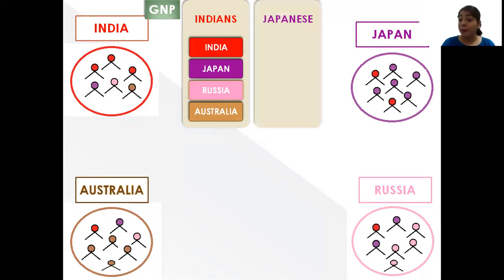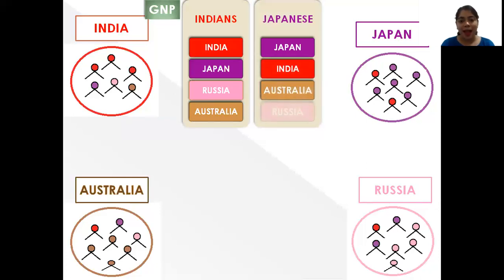Next, we talk about the Japanese. Japanese are working and they are contributing within their home country. Japanese are also working in India, in Australia, and in Russia. So to calculate the GNP, we have to add all these contributions of the Japanese. The next we talk about the Australians.